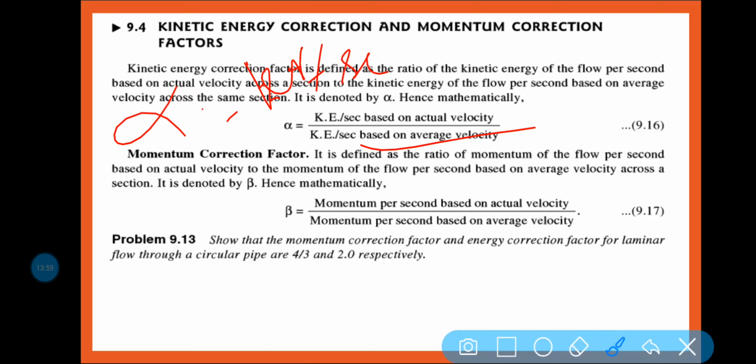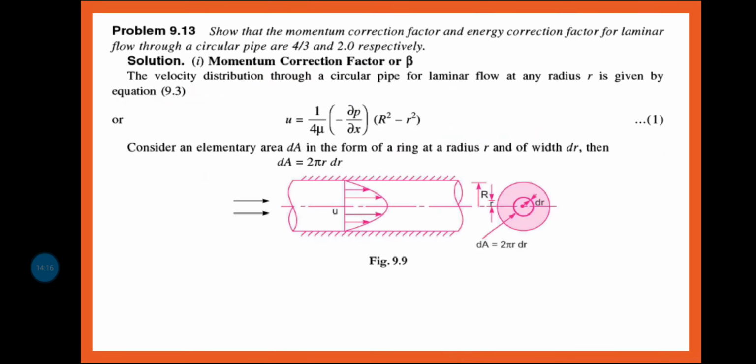And the problem number 9.3, you can see: show that the momentum correction factor and energy correction factor for laminar flow through a circular pipe are 4 by 3 and 2.0 respectively. So you have to show that. So in the 9.3 problem, momentum correction factor is denoted by beta, already I have told you.